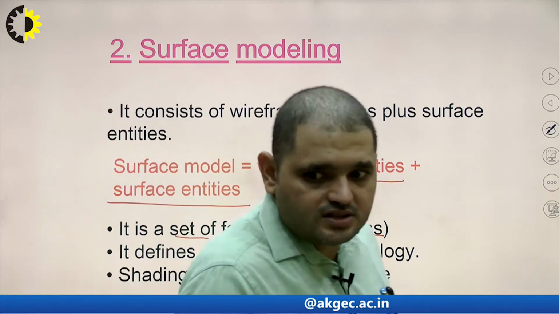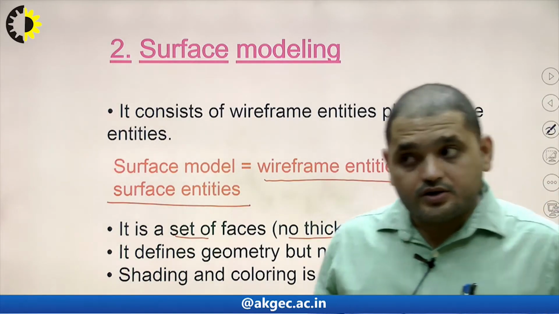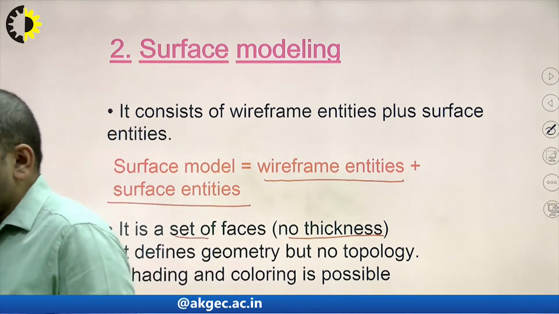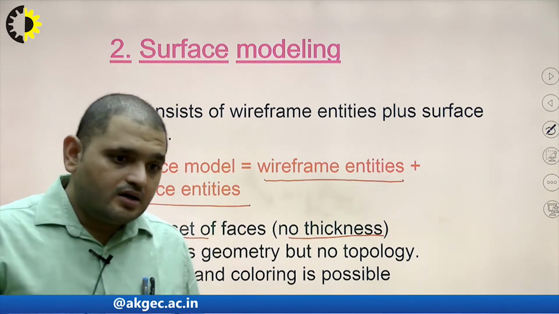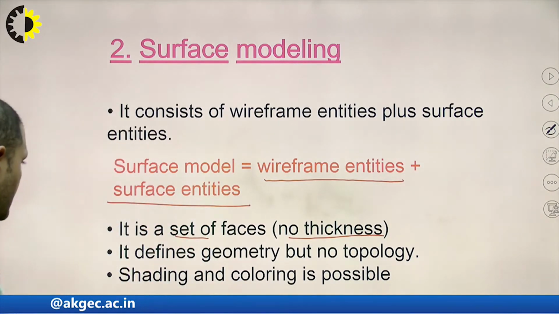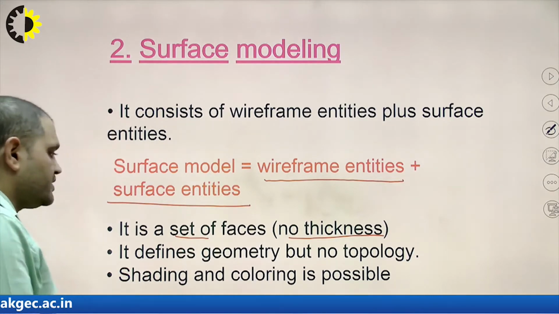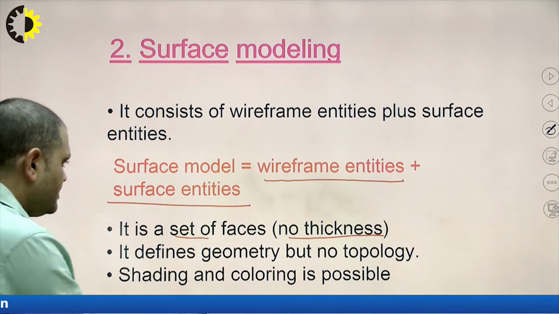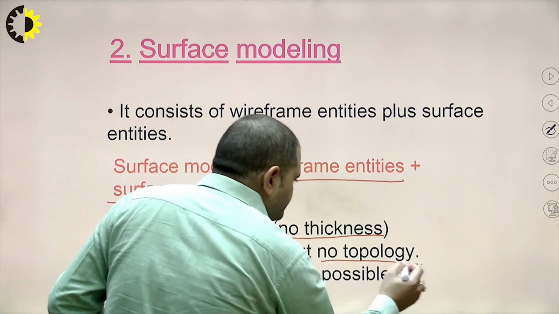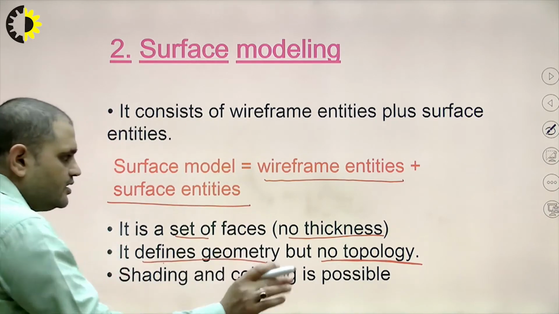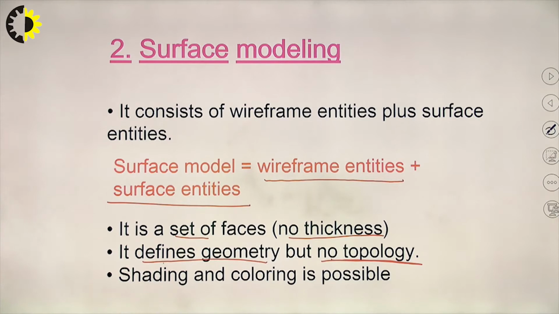It defines geometry but not topology. Topology cannot be defined, as topology requires mass and actual dimensions, but it defines the basic geometry. And shading and coloring is possible.